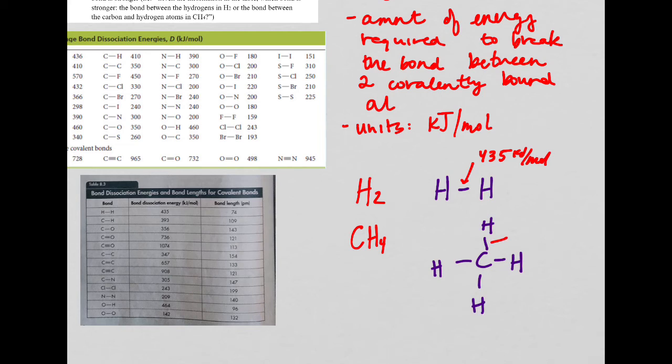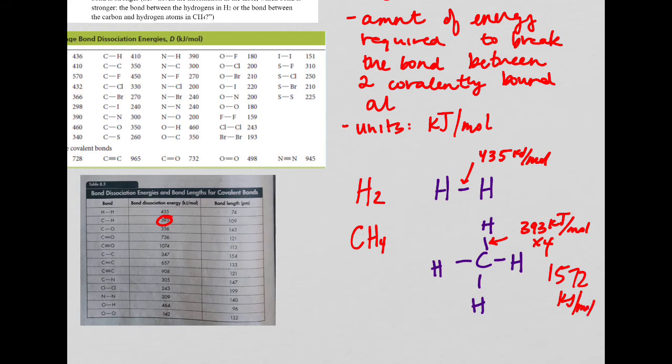And this one, we have a carbon-hydrogen bond, which is 393 kilojoules per mole, but we're breaking 4 of those, right? So we actually have 1,572 kilojoules per mole total.